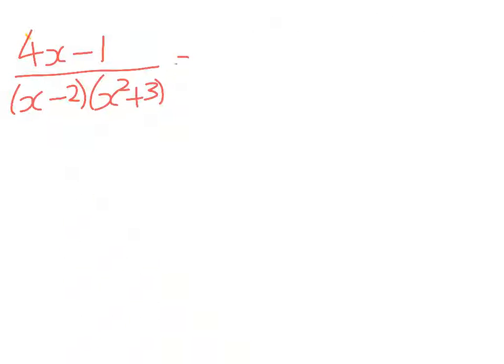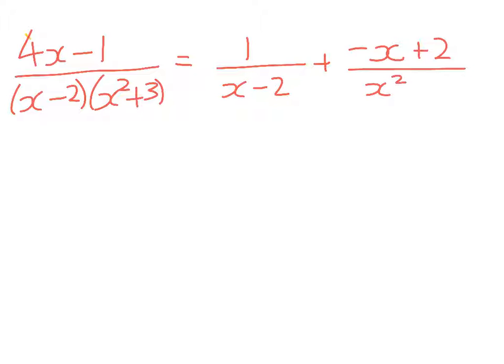So we've got 4x take away 1 over x minus 2 times x squared plus 3 is equal to 1 over x minus 2 plus, what was B? B was negative 1, so negative x plus 2 over x squared plus 3.